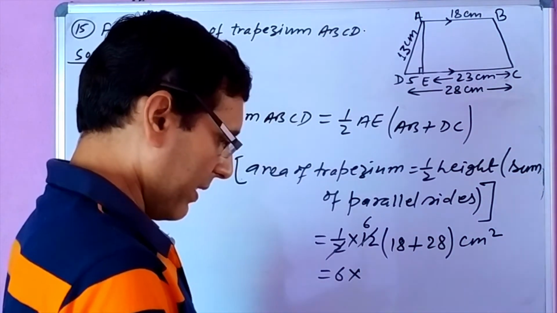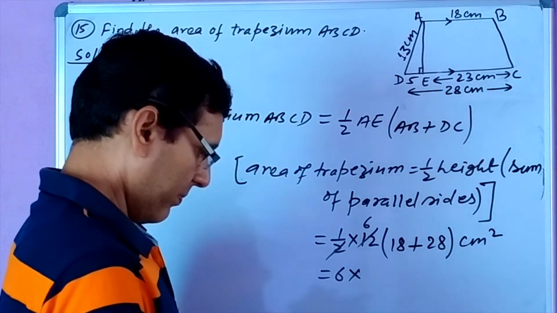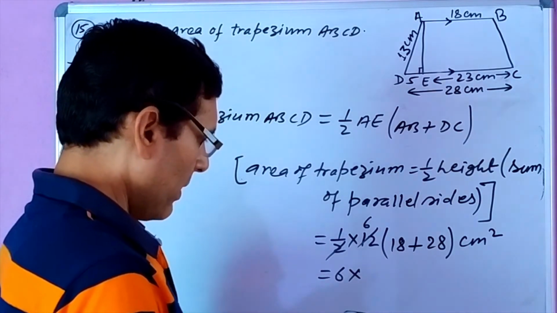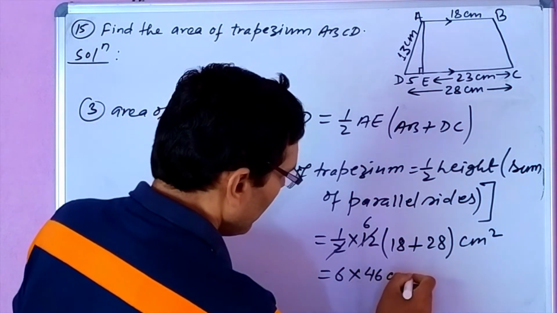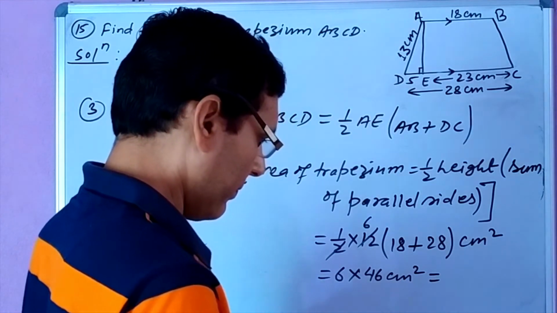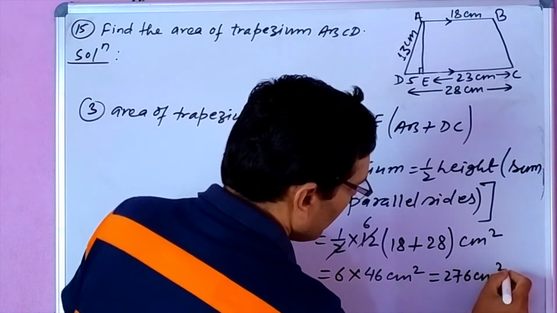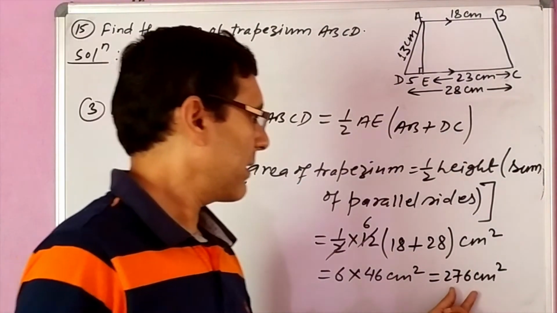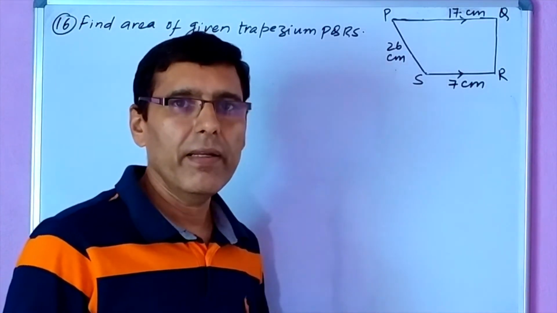I am using the calculator here. 18 plus 28, we get 46. 6 into 46, 276 square centimeter. Therefore, the area of trapezium ABCD is 276 square centimeter.